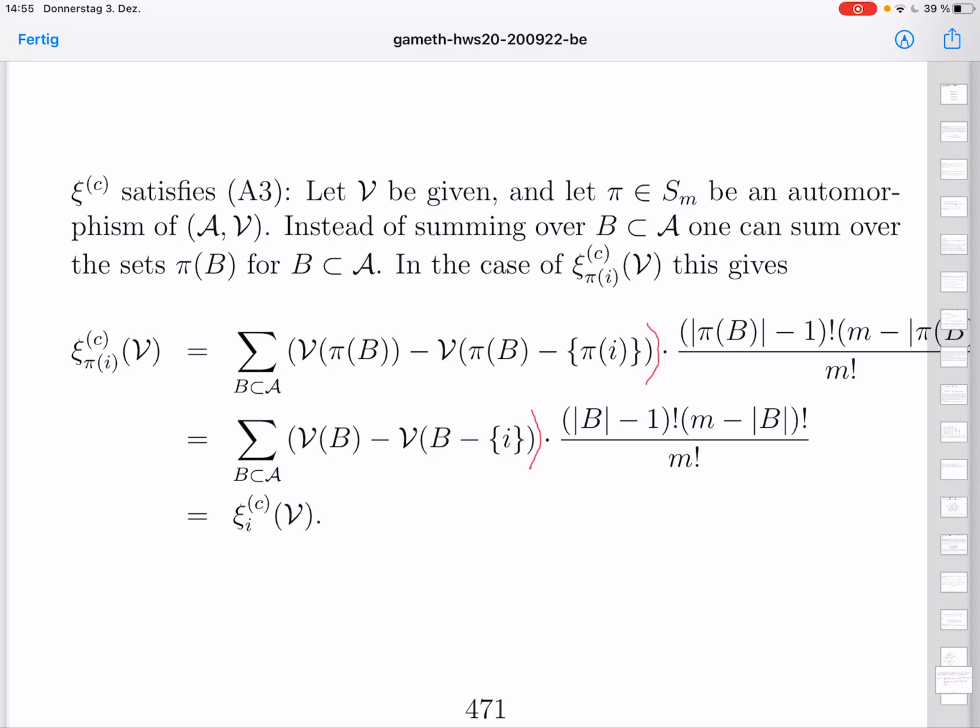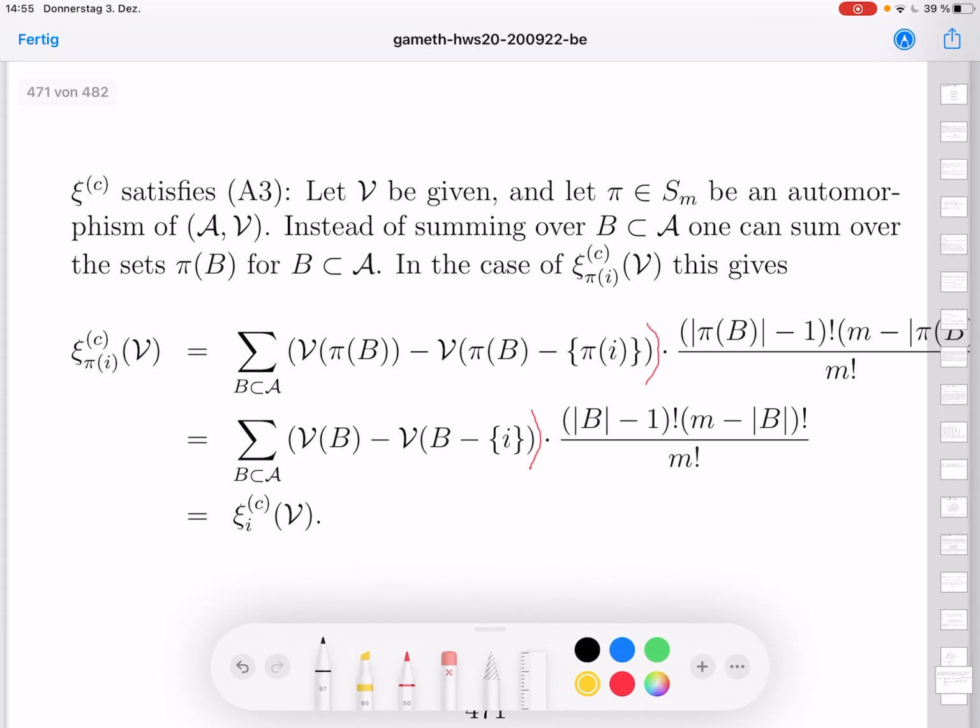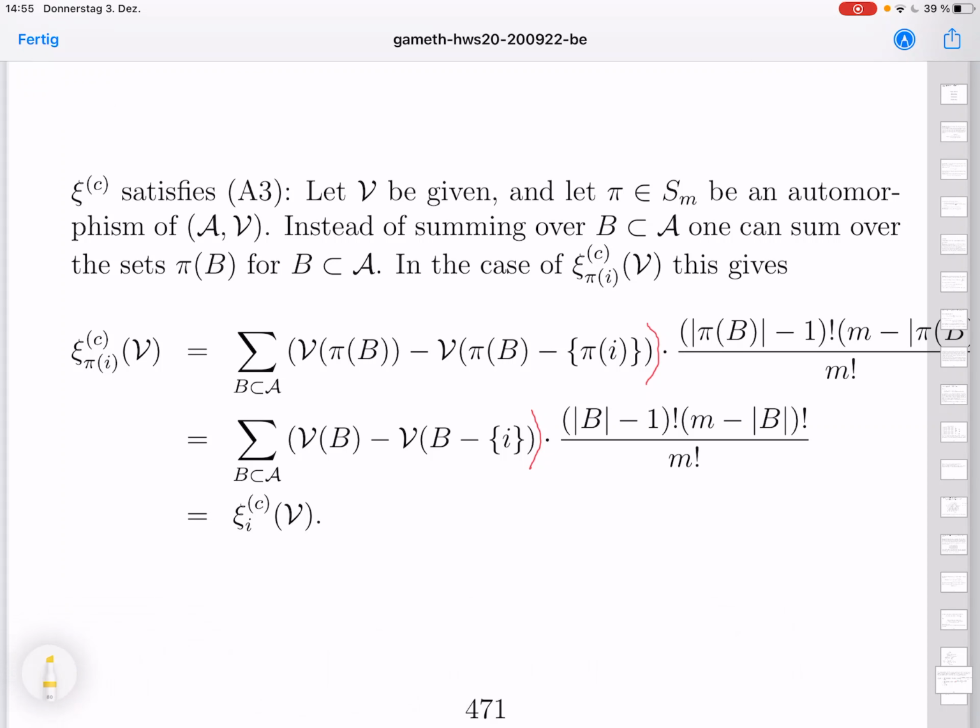It's also a bijection on the power set of A. So now we care about the entry of the vector psi C of V at the index pi of I. So we are here. We care about this, and we want to show that's equal to the entry of the same vector at the index I. That will give us the symmetry.